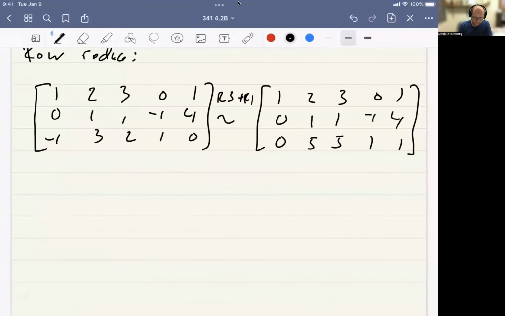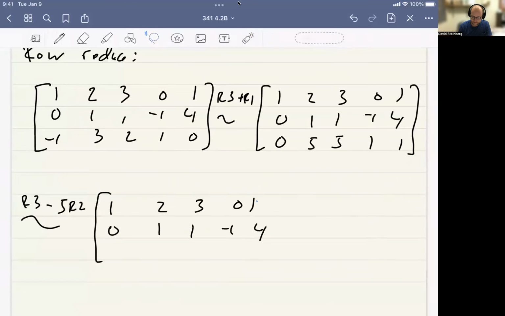And then let's do row 3 minus 5 row 2. 1, 2, 3, 0, 1, 0, 1, 1, negative 1, 4, and 0, 0, 0, 6, negative 19.